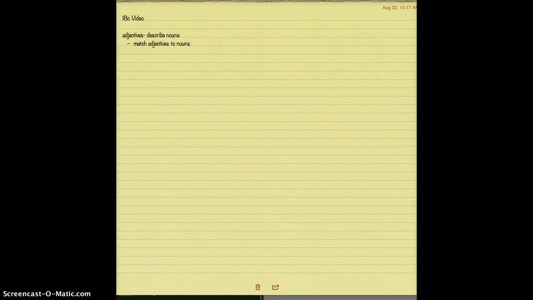And again, it's not the other way around. We don't change noun endings to fit an adjective. We change adjective endings to fit a noun. So I'm going to put that in here. Change adjective endings to fit the noun, and it is not the other way around. Nouns don't change. These are all really important things to remember as you're matching adjectives to nouns.